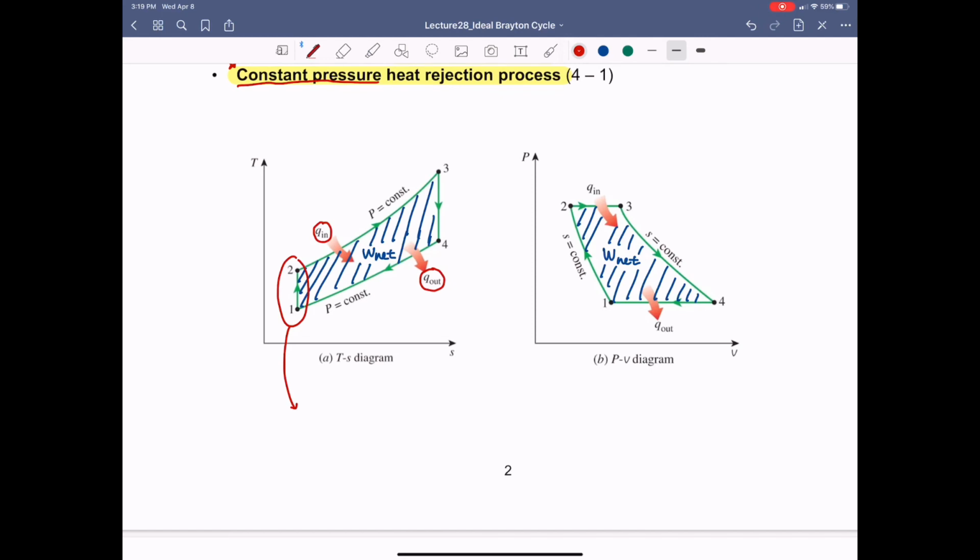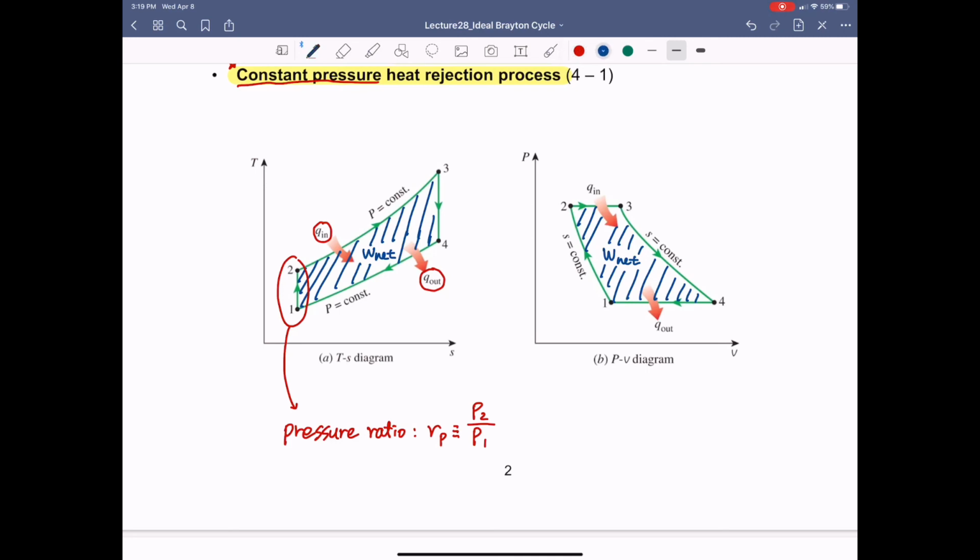And we call that design parameter the pressure ratio. Okay, and I'm going to use r sub p, which is defined as the pressure at the end of compression to the pressure before the compression. And that is the most important design parameter for the gas turbine.